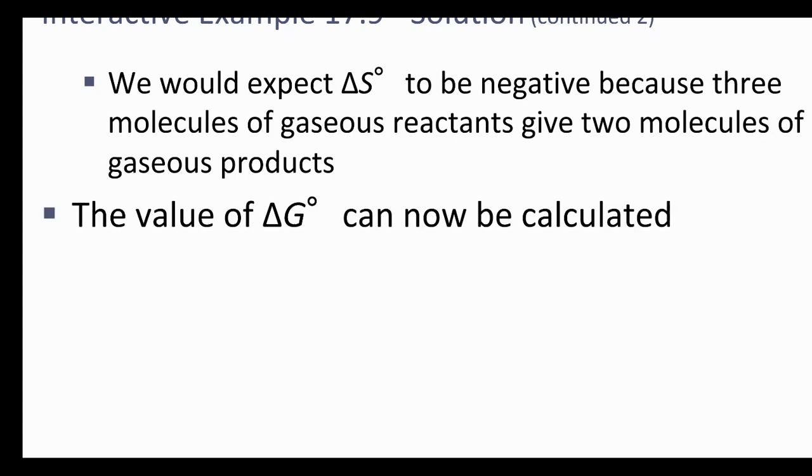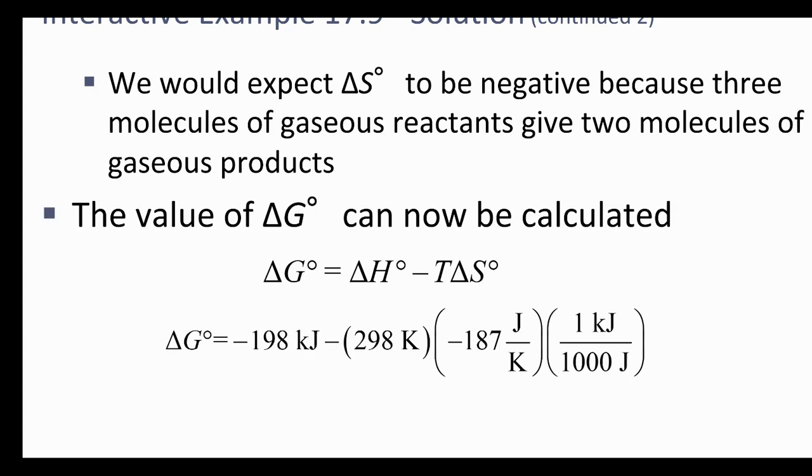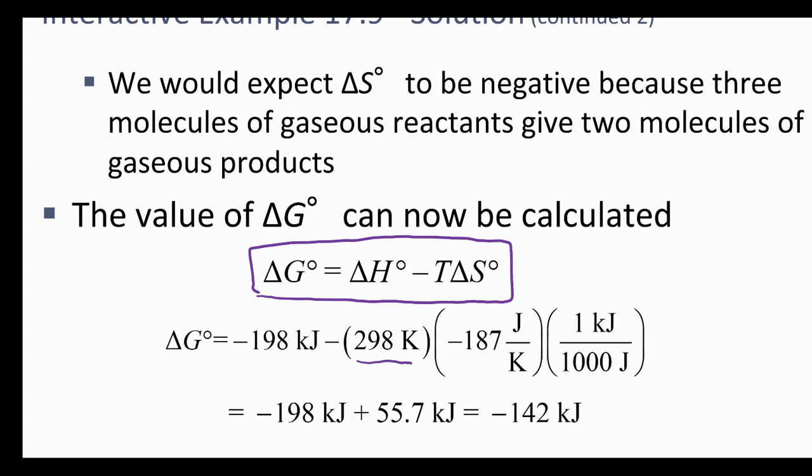So let's see. Plugging into our Gibbs-Helmholtz equation, and this was assuming 298, the delta G was in fact negative. So it was spontaneous at this particular temperature. Now we can calculate that crossover temperature.